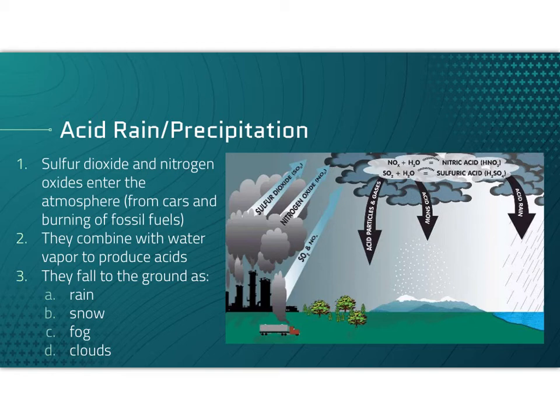These enter the atmosphere from cars and burning fossil fuels. When they combine with water in the atmosphere, they produce acids and fall to the ground as acid rain. Acid snow is possible. There can be acid in fog and in the clouds themselves. So anywhere that water would exist, really.